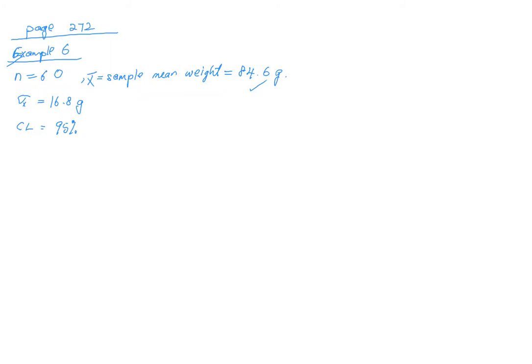Confidence level is 95. Calculate. Straight away comes out. Calculator. 80.349, comma, 88.85051. Okay, so when they ask you to interpret, then we have to write in words.